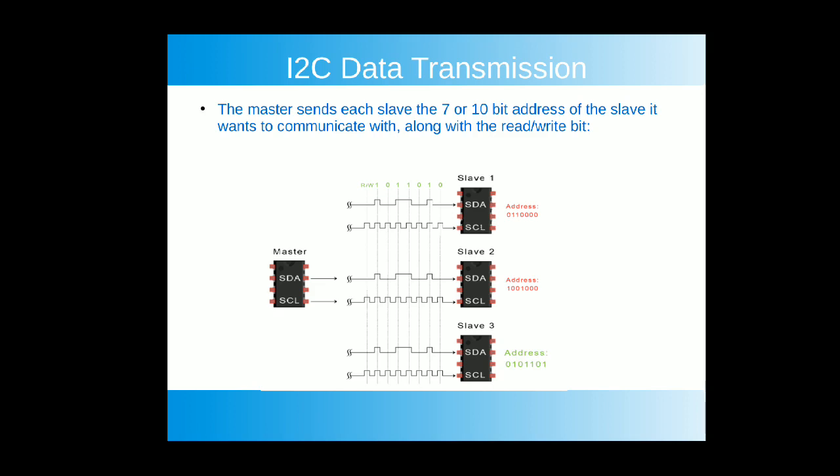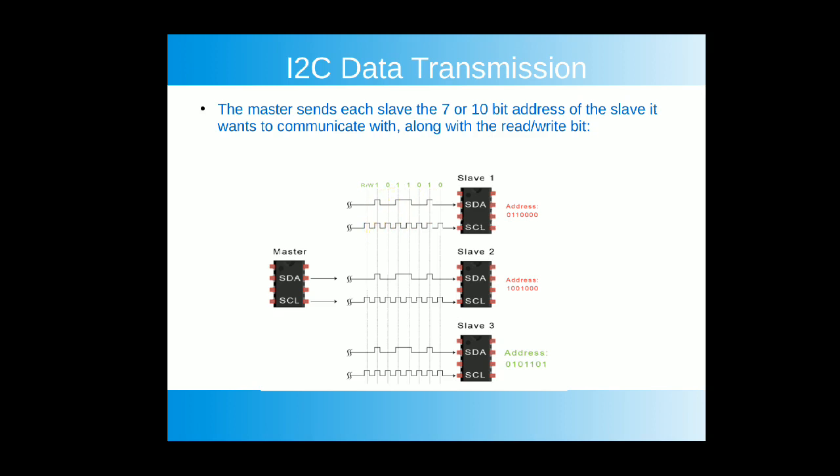In the case of slave 3, the address is 0101010. So the master will place this address on the serial SDA line one bit after another. Initially it will place 0 here, then 1 here, then 0, then 1, like that.